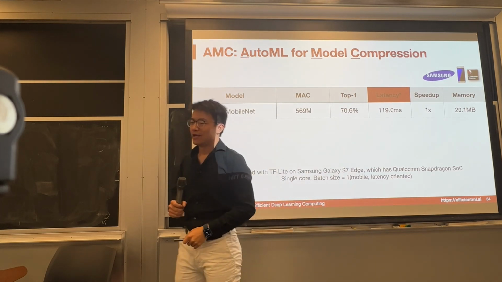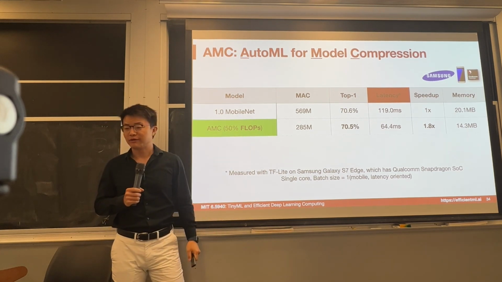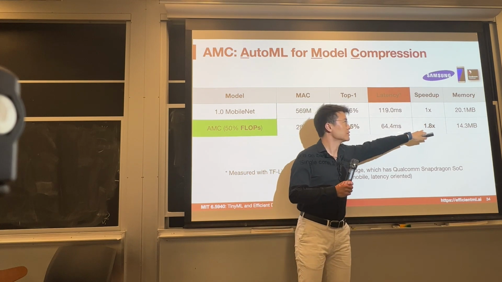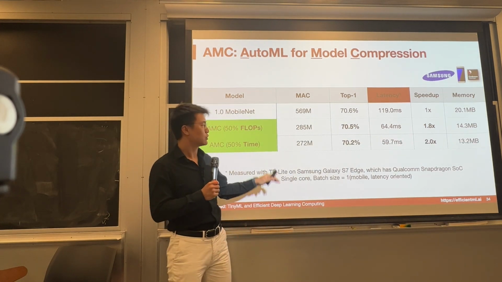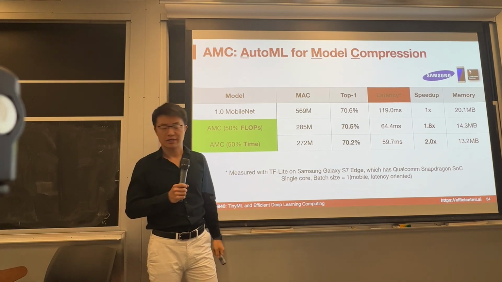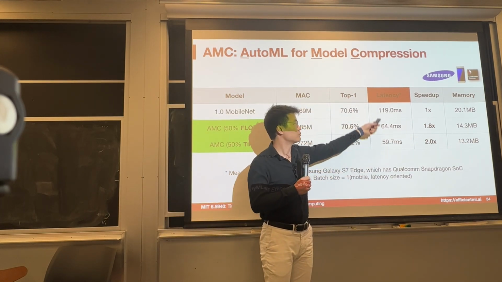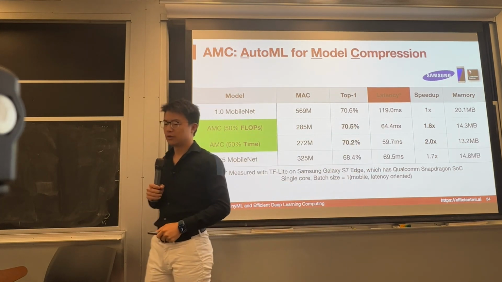Okay? And when we are using AMC to prune it by 50% of the flops, the speed up is less than 2x. We can also use the latency as the target, so we exactly get 2x speed up, and the accuracy is about 70.2.